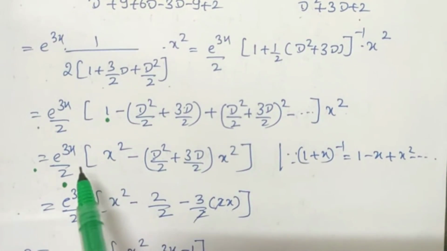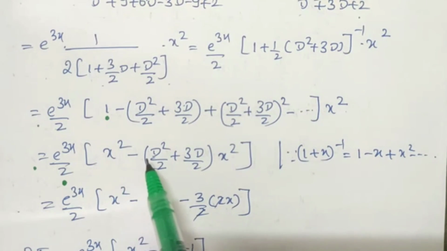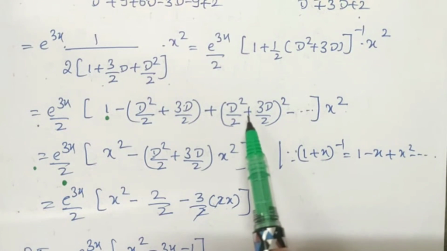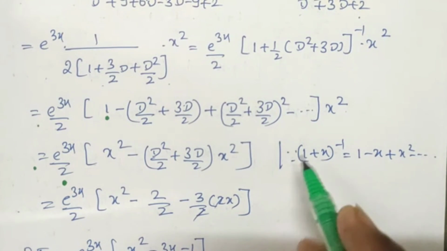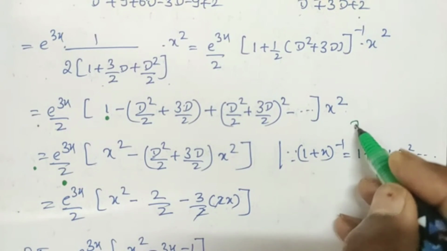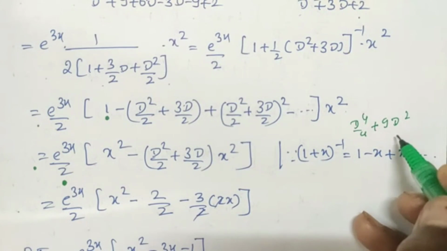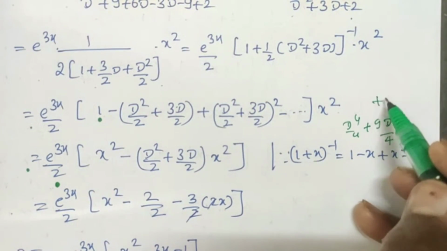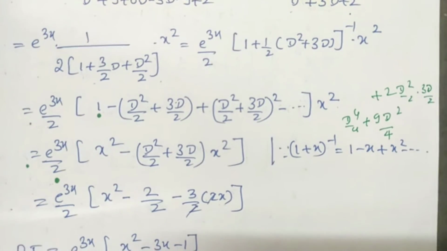Into x², so it is e^(3x)/2 [1 into x² is x² − (D²/2 + 3D/2) x² + ...]. Here if you open this bracket, then what happens? It is D⁴/4 plus 9D²/4, then plus 2ab, 2·(D²/2)·(3D/2), it is D³ you will get here.